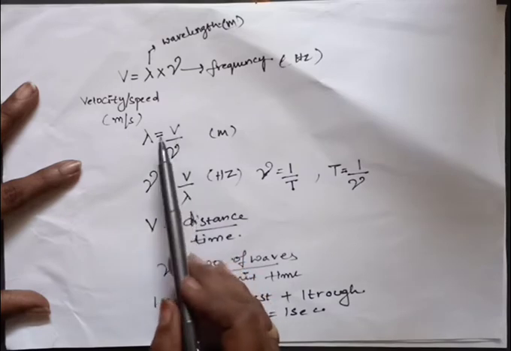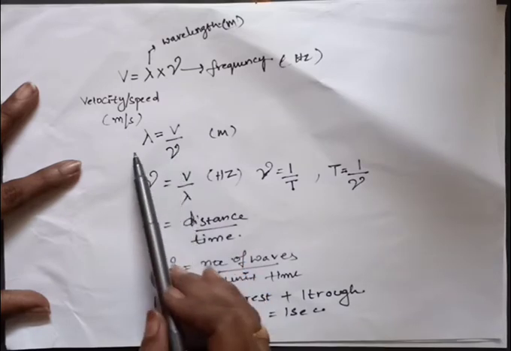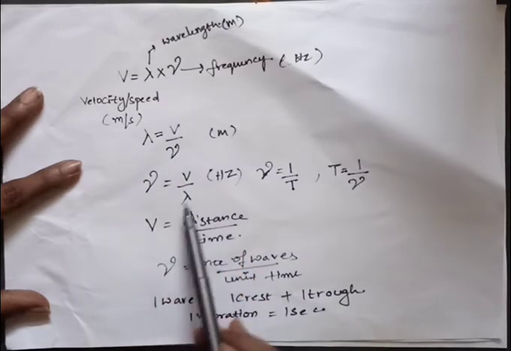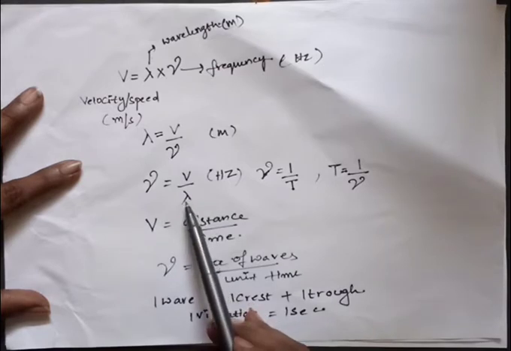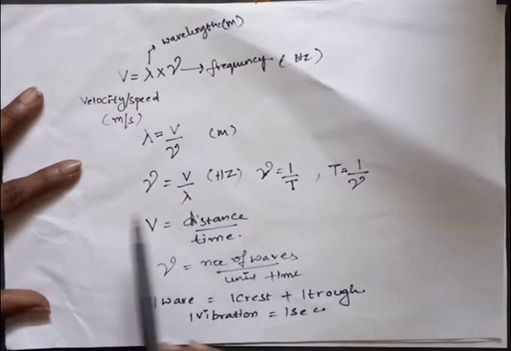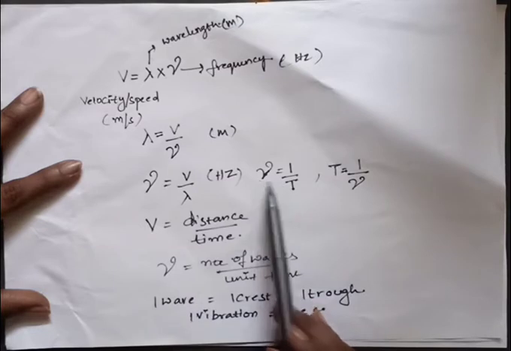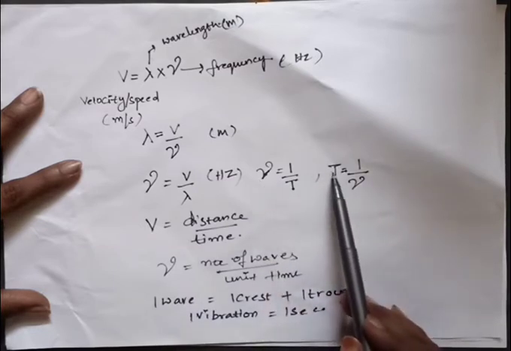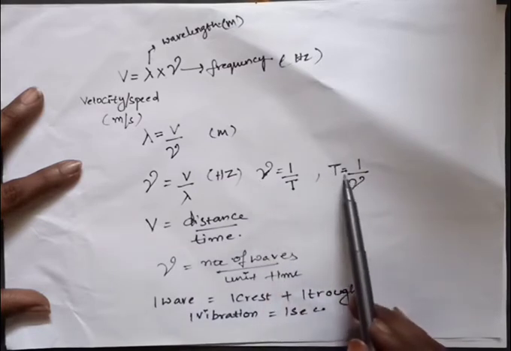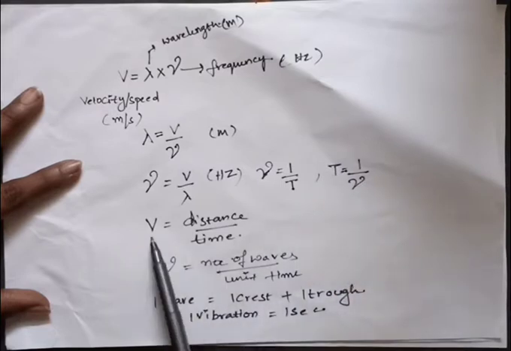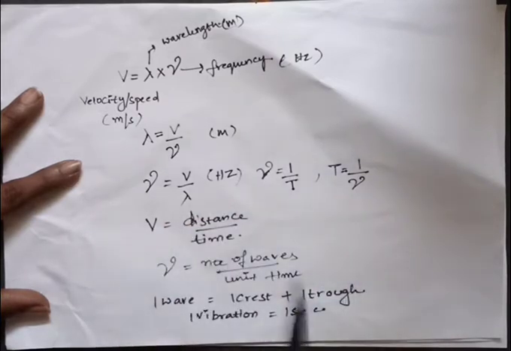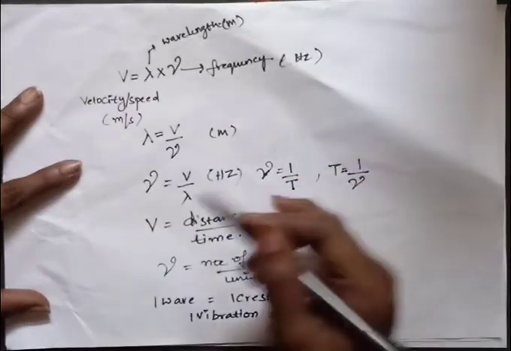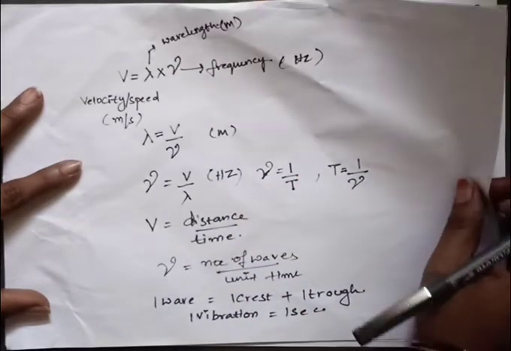Otherwise, if velocity and frequency are given, λ can be found. Or if velocity and wavelength are given, frequency can be found. If time period is given, frequency can be found. Or if frequency is given, time period can be found. And if distance and time are given, velocity can be found. This way we can easily calculate the numericals of sound using these formulas.